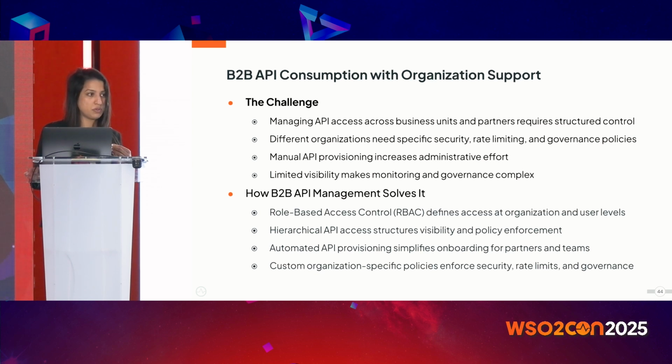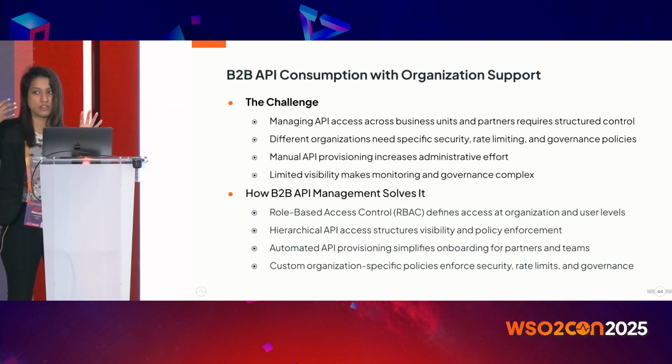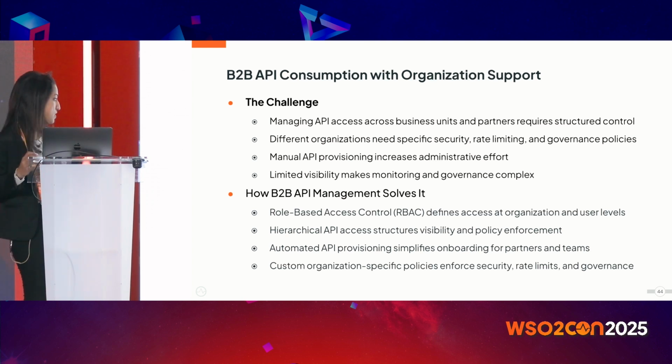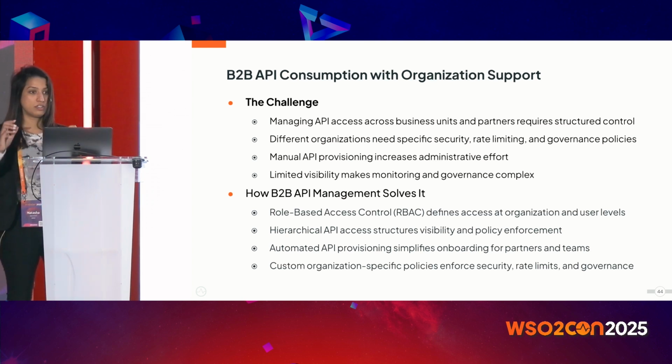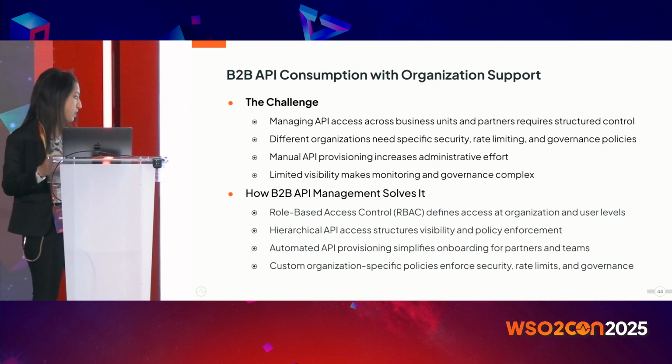And in this case, VN2Mart will be the parent organization, and they will have different suppliers, manufacturers, retail partners, logistics providers under it as sub-organizations. And the same API can be shared to all these sub-organizations with different policy enforcements.